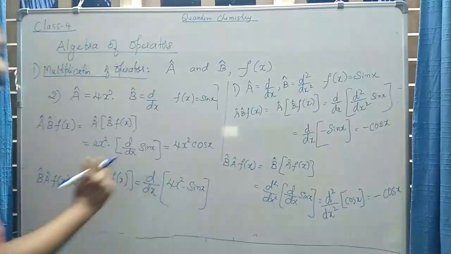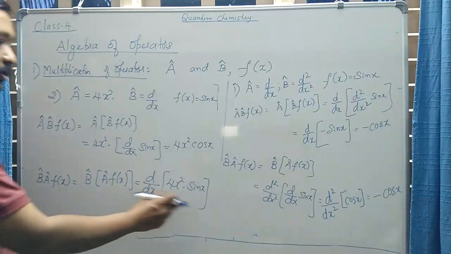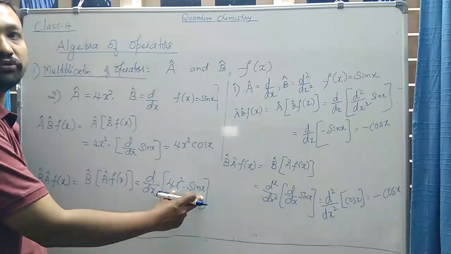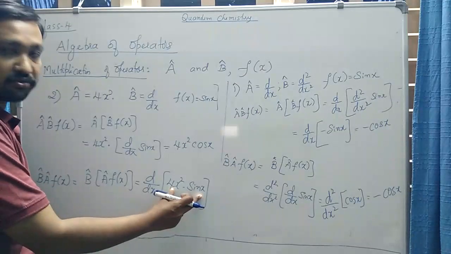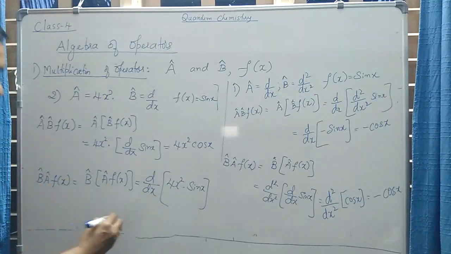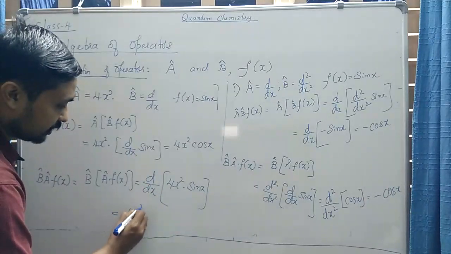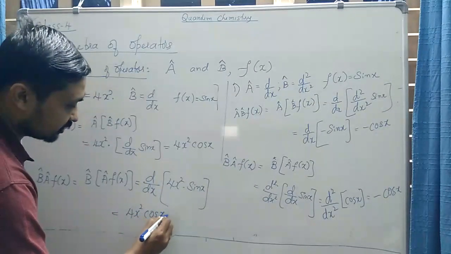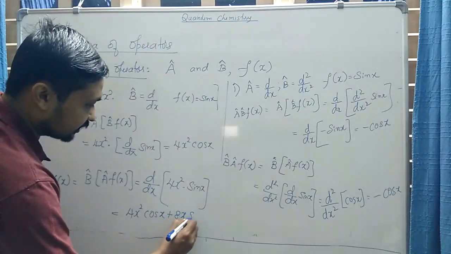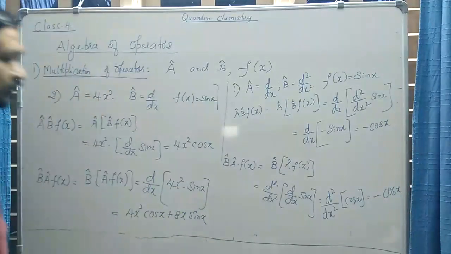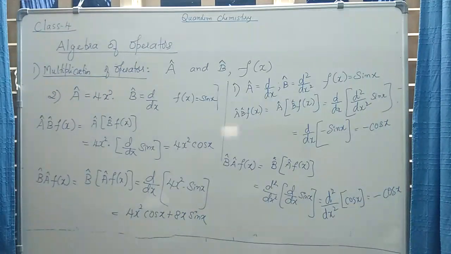So here the multiplication operator is applied first, so it becomes 4x square sin x, a new function g of x, and on that new function we have to apply the second operator. So if I apply it, it becomes 4x square into cos x plus 8x into sin x, using the rule of differentiation.